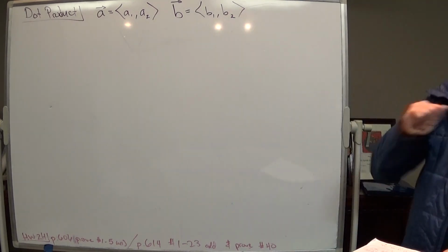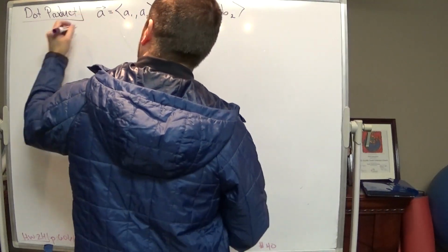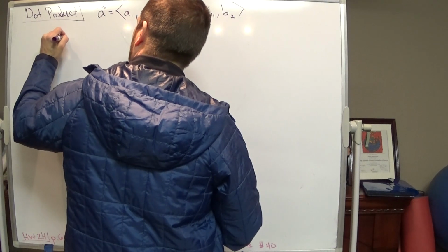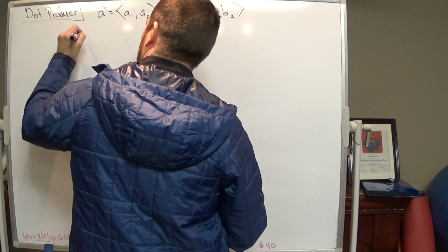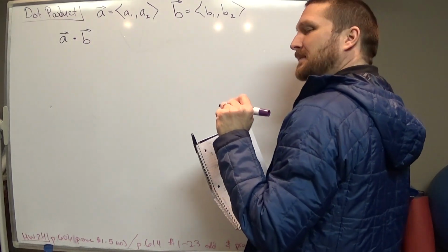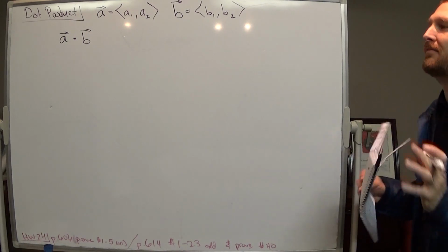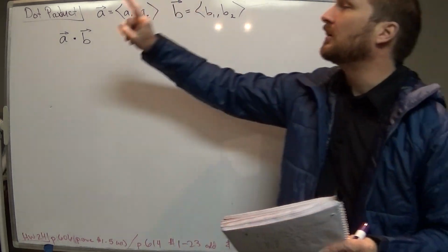So, given two vectors, the dot product of A and B, written A dot B. So not times though? Not times. Because it's not, you could think about it as a type of multiplication, but it's called dot.